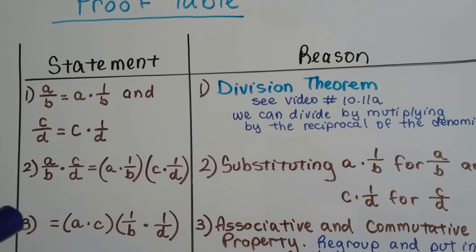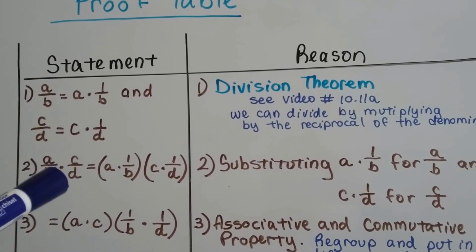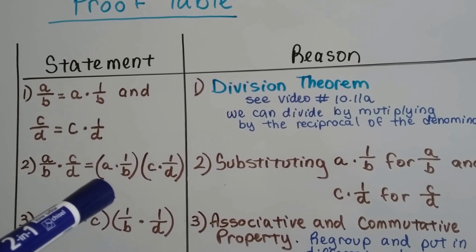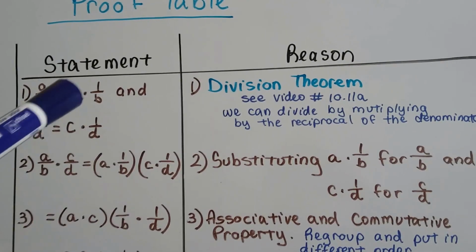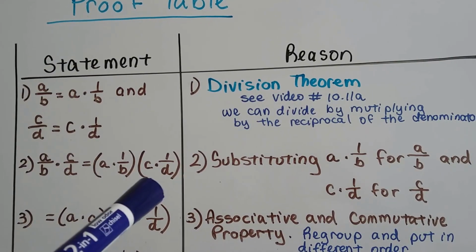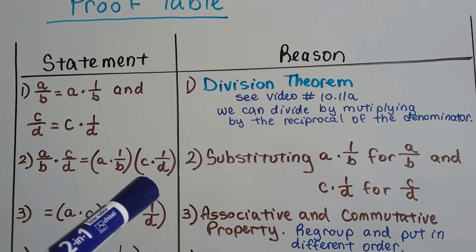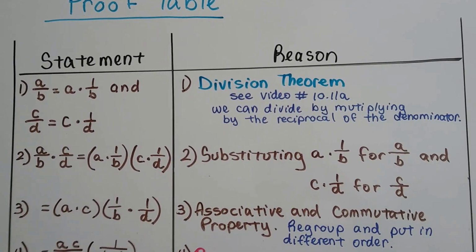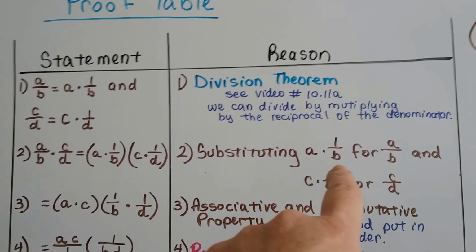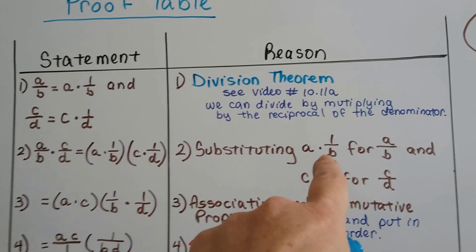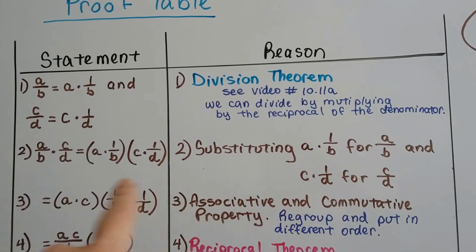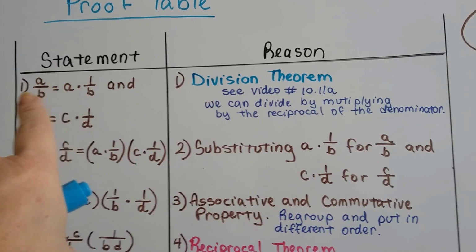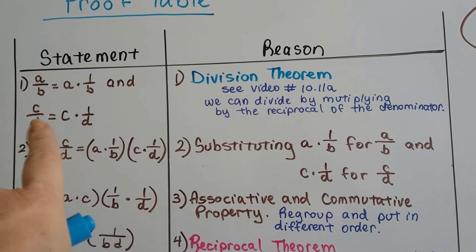Our second statement is a over b times c over d is the same thing as a times 1 over b, like that one, times c times 1 over d, like that one. And we're just substituting the a times 1 over b for the a over b. See, we're substituting these for each other, and then we're going to substitute these for each other.